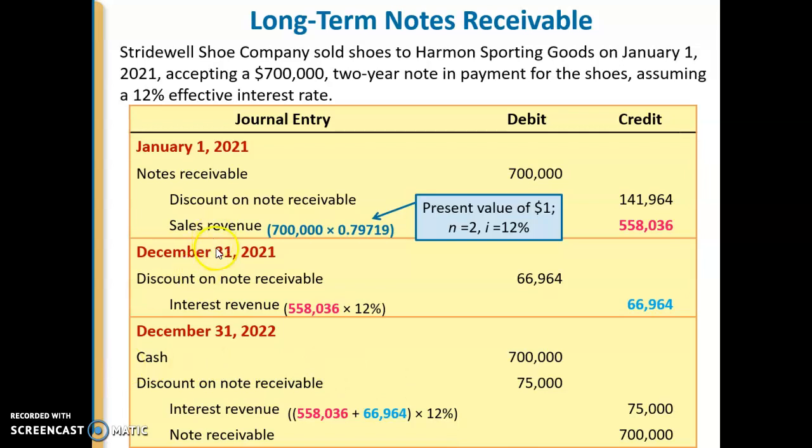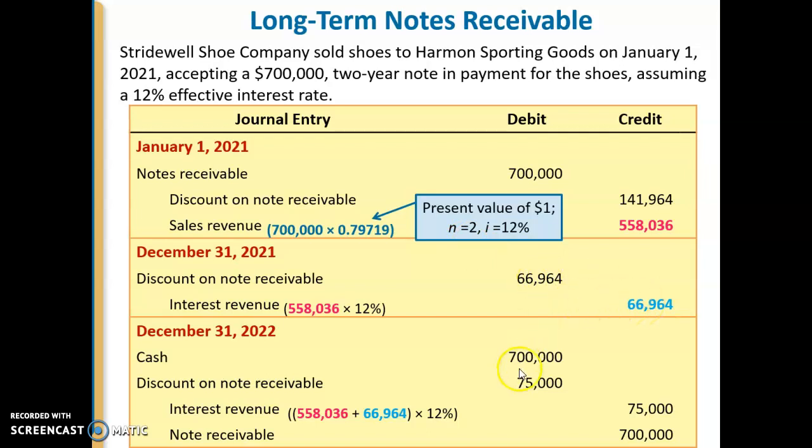So on December 31st, 2021, which is 1 year's worth of interest, we're going to take the net note receivable, $558,036, multiply it times 1 year's interest, which is 12%, to calculate interest revenue of $66,964 for the year 2021. Debit the discount on the notes receivable.